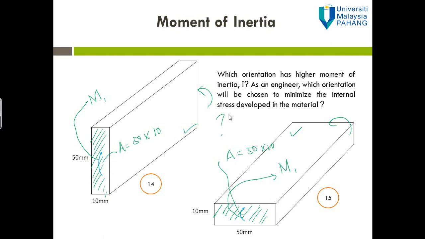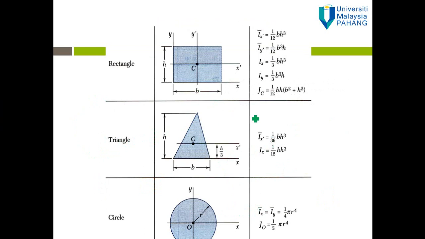Okay, so let's move to the next slide. As we discussed before, the bending stress sigma m is equal to Mc over I. So this table basically provides the equation for I. For simple shapes, for example rectangular shape, triangle, circle, semicircle, and other simple shapes, the value of I can be found in many literature or reference books.